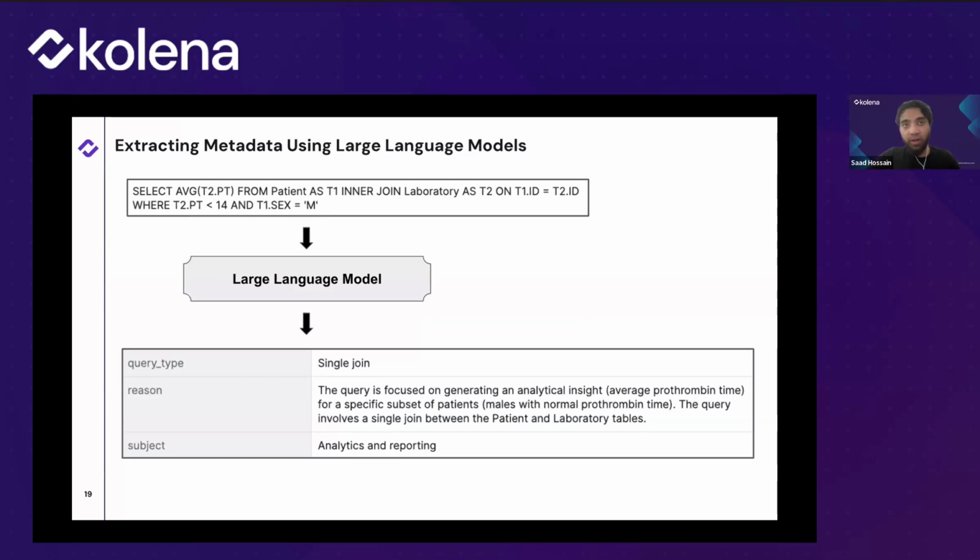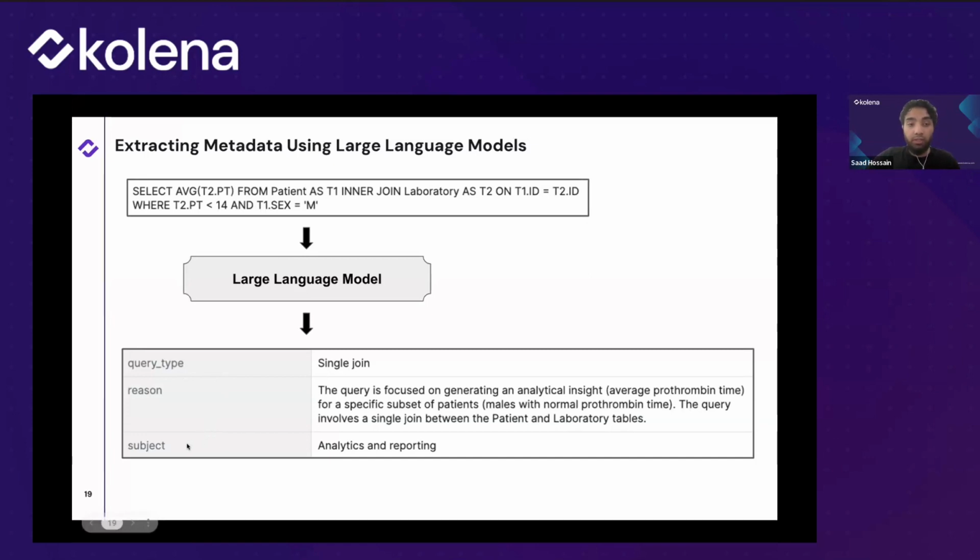That's actually where LLMs, or large language models like GPT, Llama, and Claude, can be quite useful and insightful. For example, over here we have a query, and we can pass it into a large language model with some nice prompt engineering and a good, well-structured prompt. We can find the type of query it is, as well as the subject.